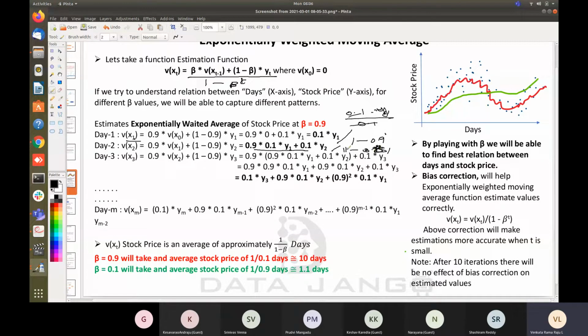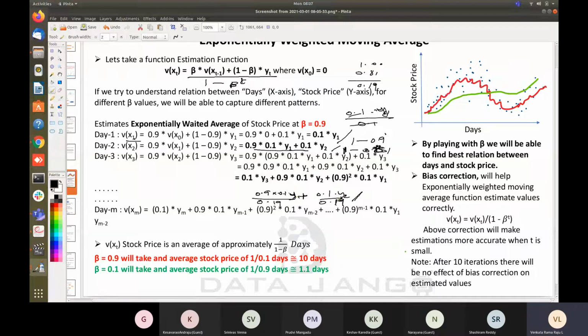It is 0.19, right? Divided by 0.19 here, divided by 0.19 here.